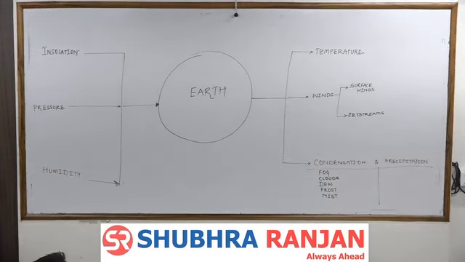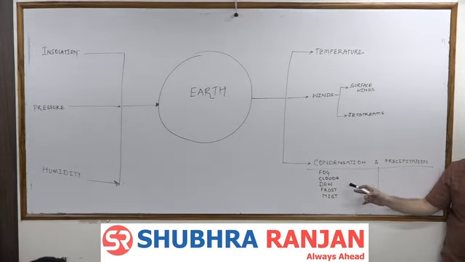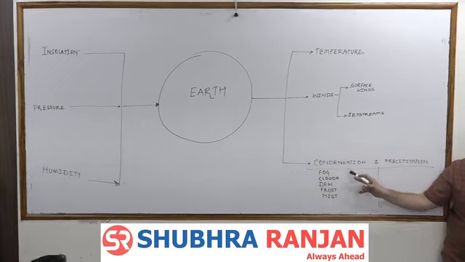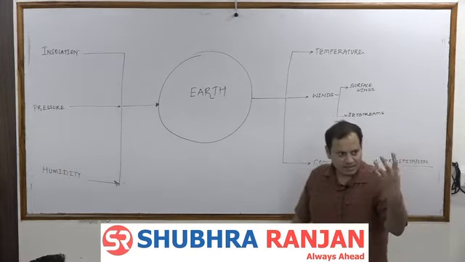Condensation means anything that can stay on its own in the atmosphere, but some require aerosols. What requires aerosols? Clouds require aerosols. Dew does not require, frost does not require, but fog and clouds require aerosols. And precipitation is what falls down after condensation.